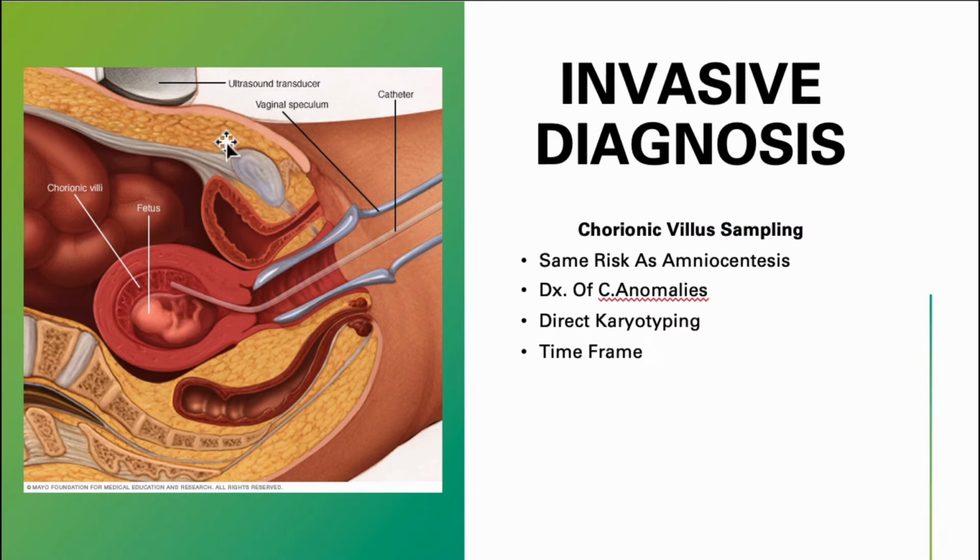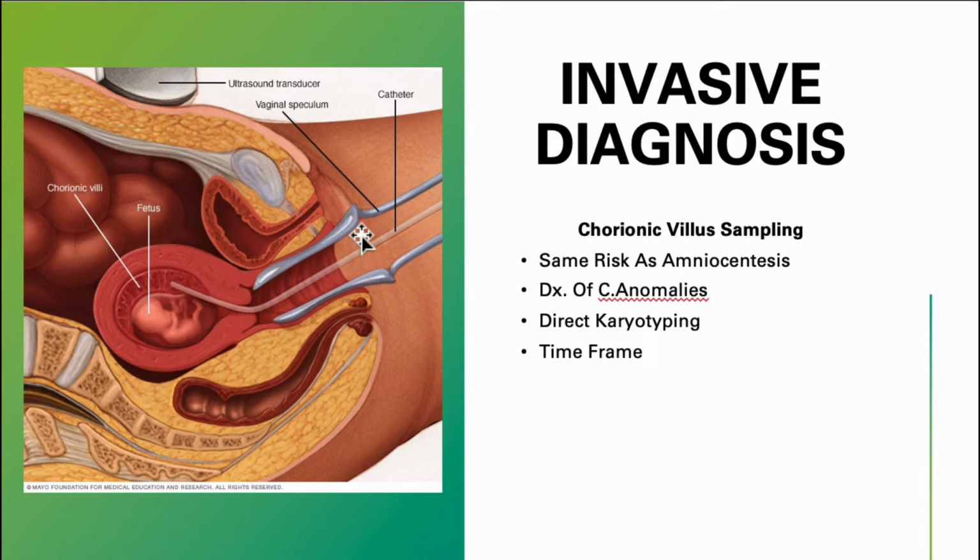So again, in this procedure, you use an ultrasound, and now you're not inserting a needle, but you're inserting this catheter or tube, which goes and removes some. It retrieves a sample. So it's done vaginally. So you have to go through, this is a speculum, the vaginal speculum.